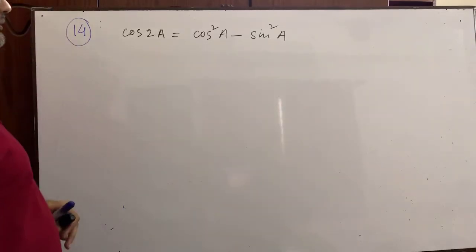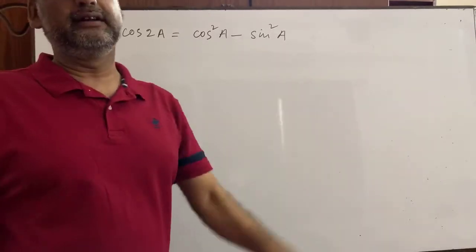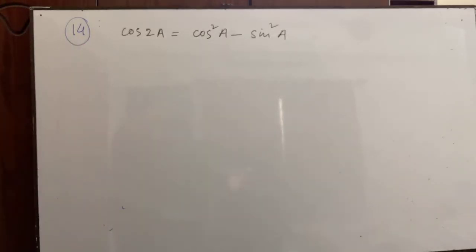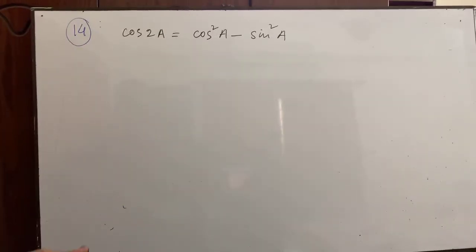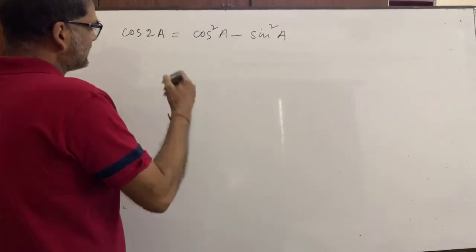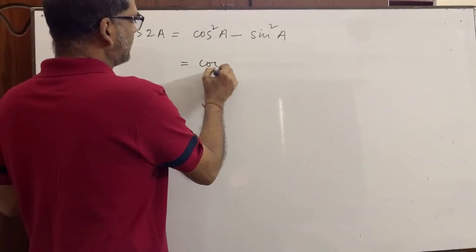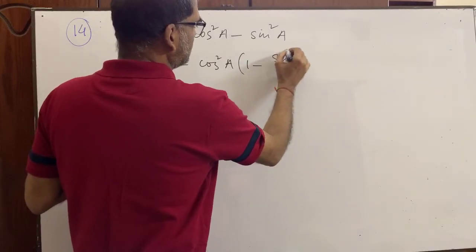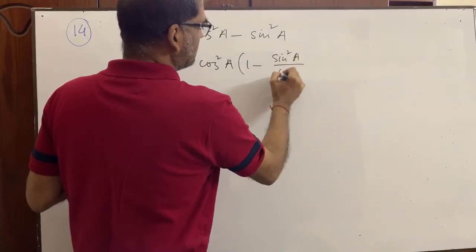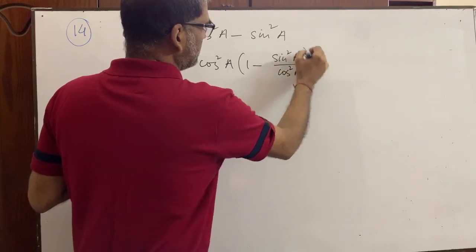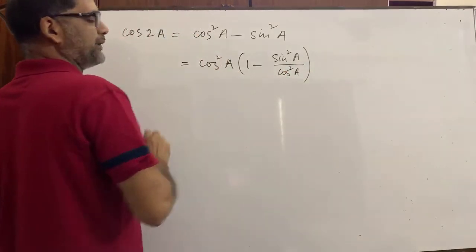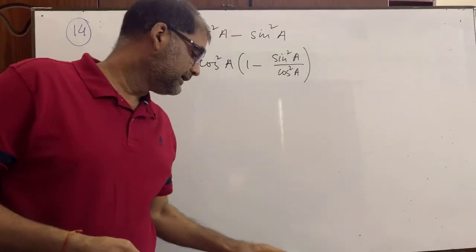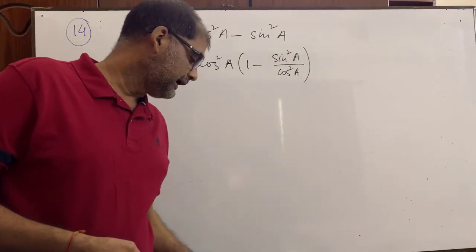I have to express the right hand side in terms of tangent. That's good. So what can we do here? I can take cos square a common to get 1 minus sin square a by cos square a. This cos square a will be left outside, and here will be left sin square a by cos square a. Have you got me?